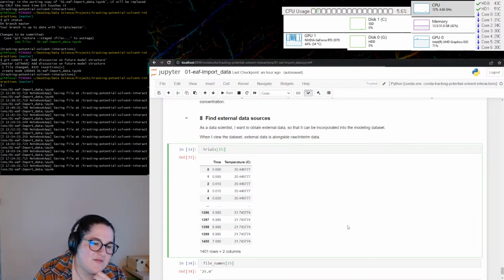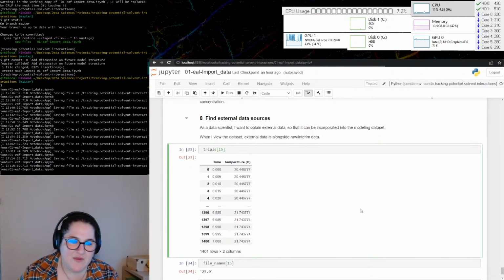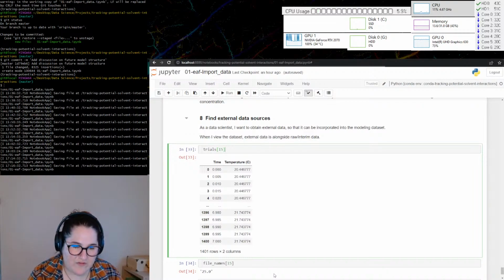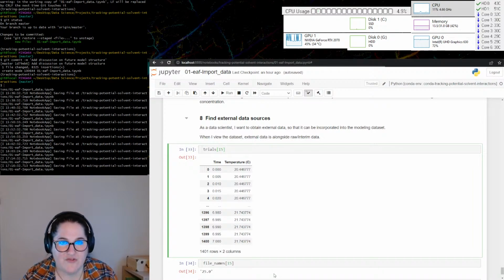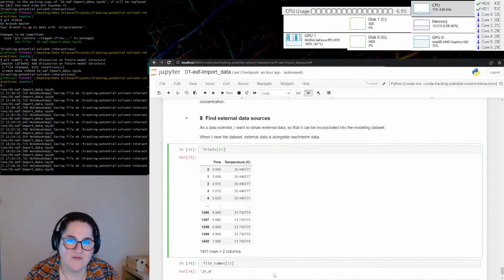What needs to happen is we need to add the concentration to each data frame and not keep it separate like it is here. And we also need to add the trial. We need to add the concentration to each data frame. We need to add the trial to each data frame. And then we need to merge all of those data frames on time.